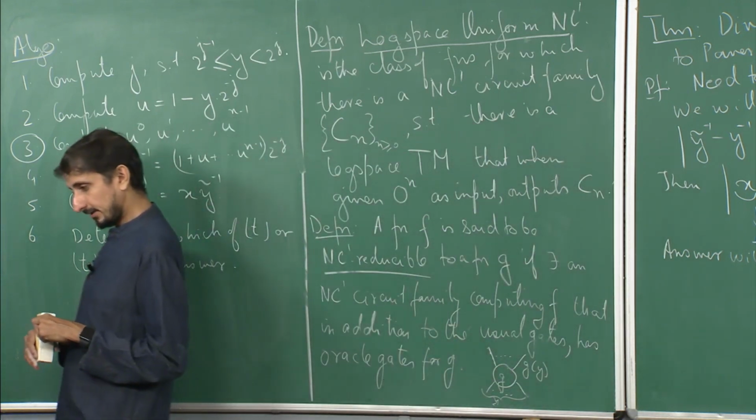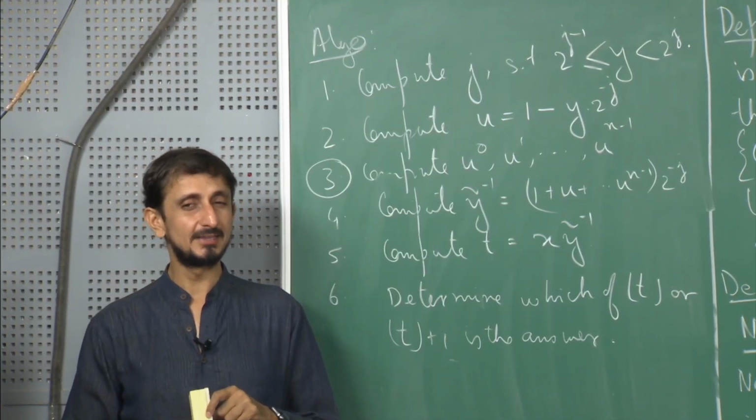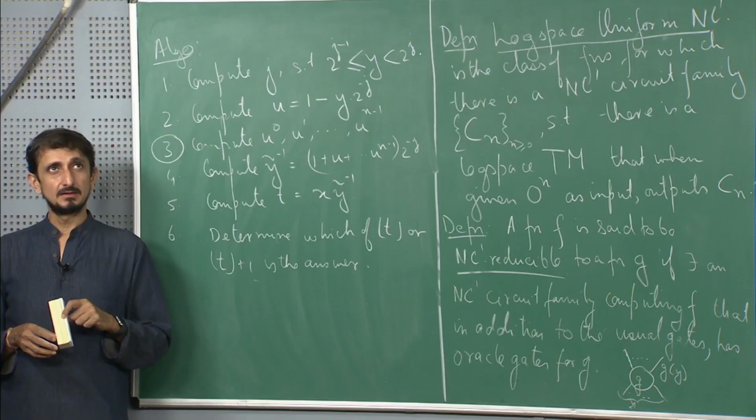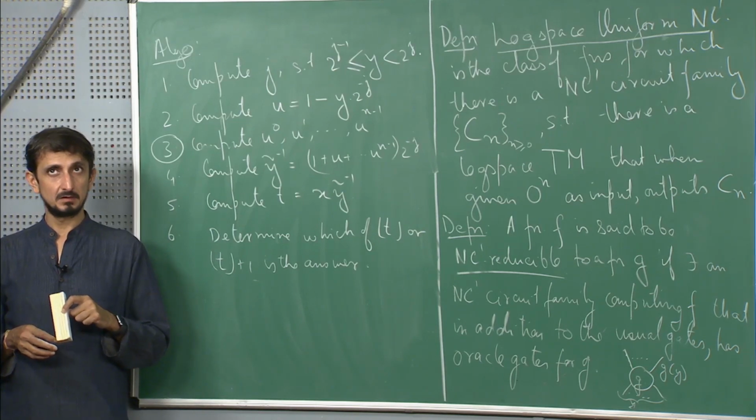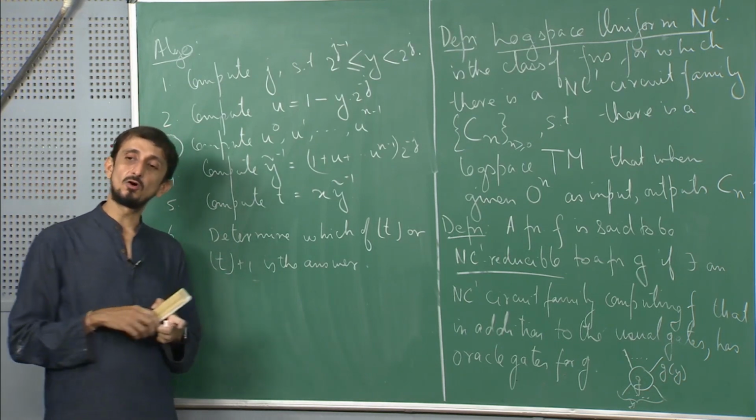If the oracles are placed in series, even then it will be NC1. There is a proof for that. The reason is the input size for all these gates.